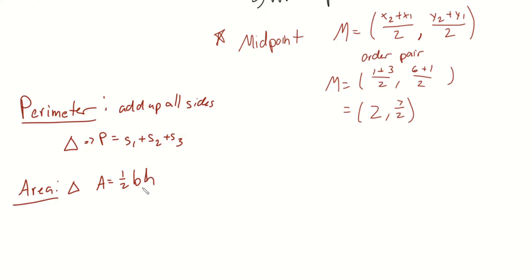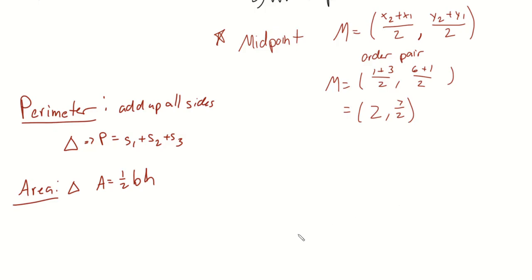Or you can get it from a rectangle. What's the area of a rectangle? Yep, base times height. If I divide this in half, I just made a triangle, and this would be the area of that triangle, which would be 1/2 of the entire rectangle.